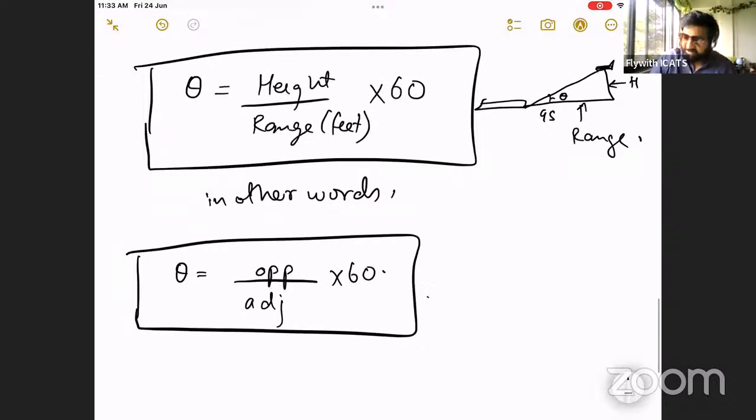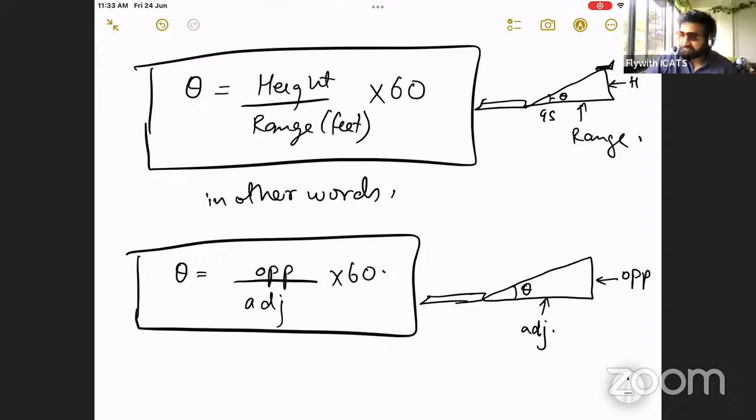And the same example in this formula, this is theta, this is opposite, this side is called opposite in a triangle, and this side is called adjacent in the triangle. So I want you to understand in both aspects, not just with the glide path or glide slope and range, but also with the basic triangle formula.